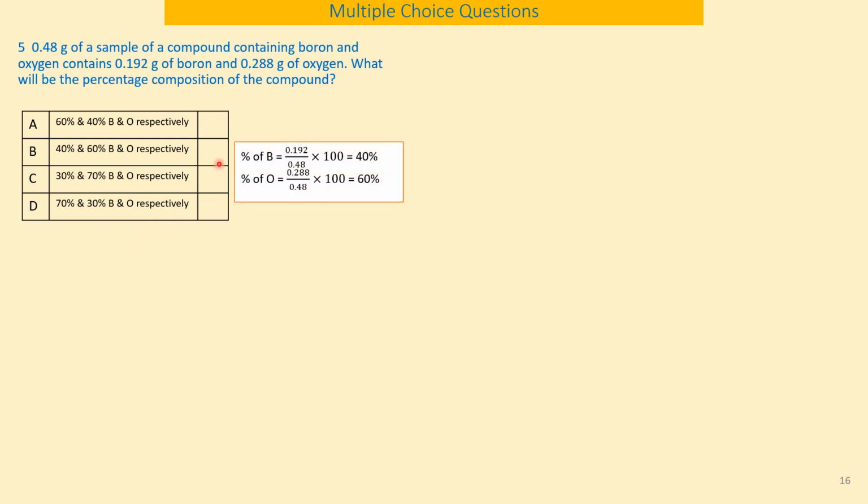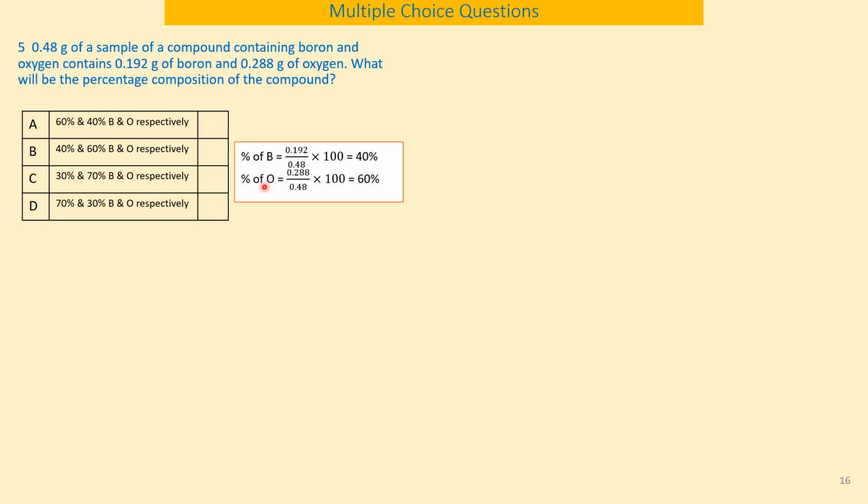So percentage of boron is equal to the weight of boron, 0.192 grams, divided by the weight of the sample, that is 0.192 divided by 0.48 into 100 because of the percentage. That comes to 40%.